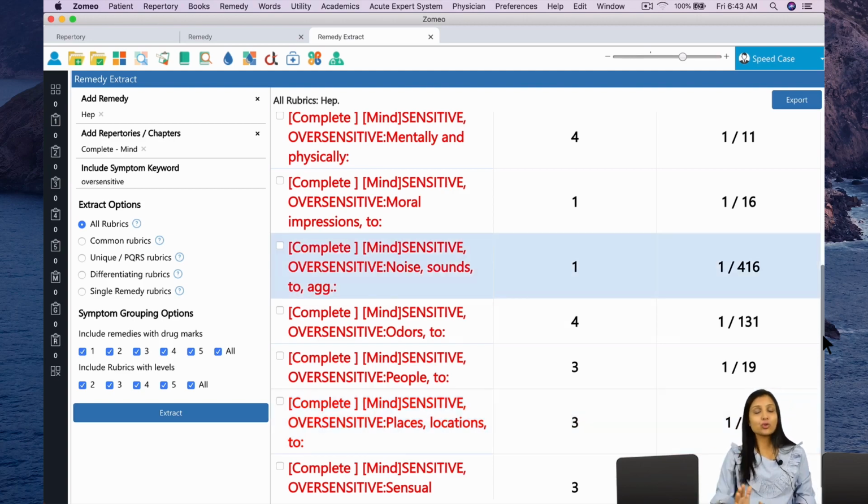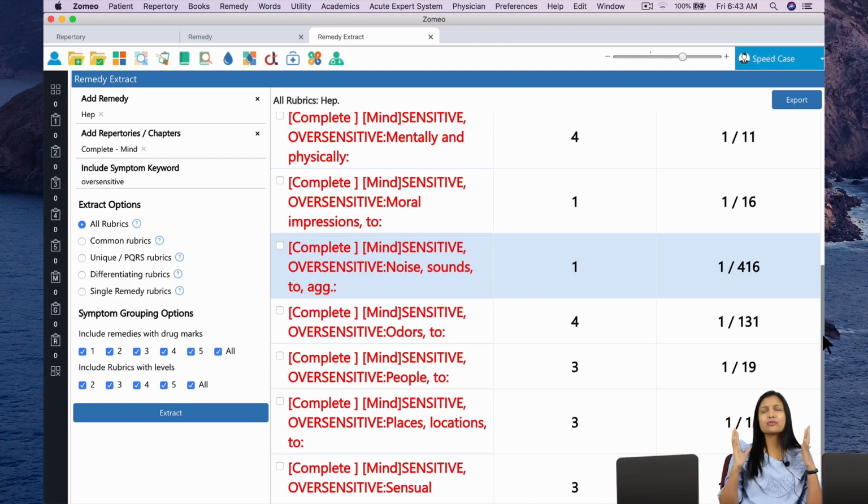So, if you are understanding, Hepar Sulph is oversensitive to all external impressions, including noise, including odors, including even people talking in a slightly louder tone.